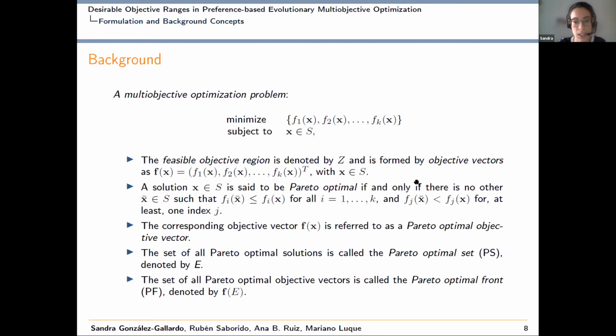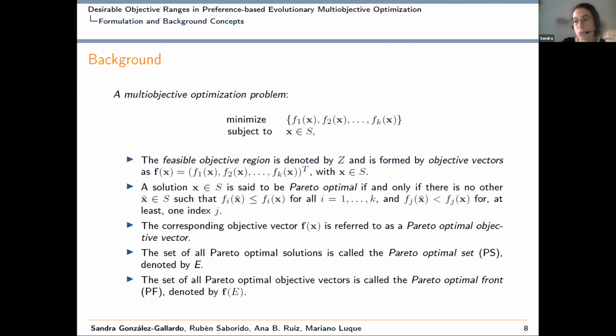The corresponding objective vector of a Pareto optimal solution is called a Pareto optimal objective vector. The set of all Pareto optimal solutions is called the Pareto optimal set, and the set of all Pareto optimal objective vectors is called the Pareto optimal front, and its abbreviation is PF.